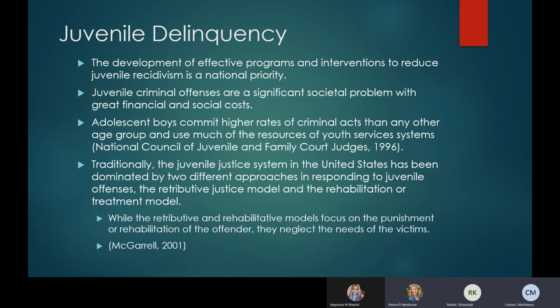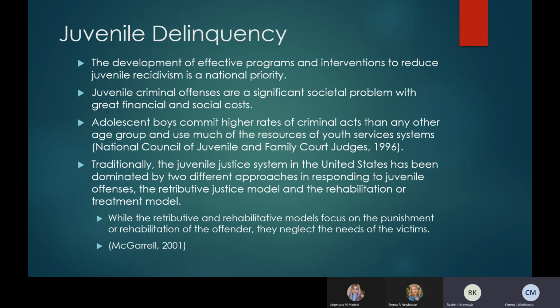So we will be talking about juvenile delinquency and restorative justice. The development of effective programs and interventions to reduce juvenile recidivism is a national priority. Juvenile criminal offenses are a significant societal problem with great financial and societal costs. Adolescent boys commit higher rates of criminal acts than any other age group and use much of the resources of youth service systems.